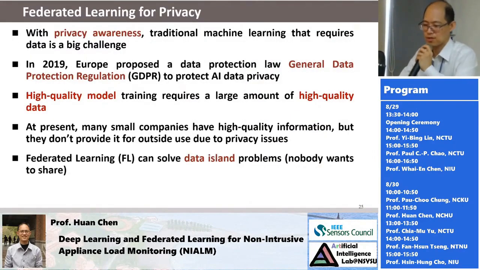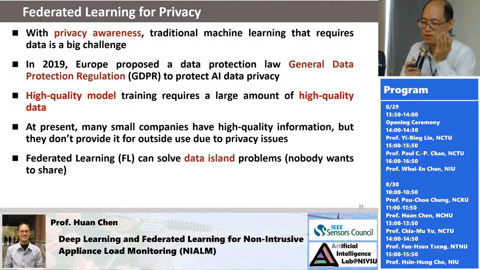What is federated learning for privacy? When the privacy issue is concerned, traditional machine learning or deep learning that requires big data is a big issue because you need the data for your training. In particular, for deep learning, you need a lot of high quality data, but it's very challenging for everybody to share their data with everybody.